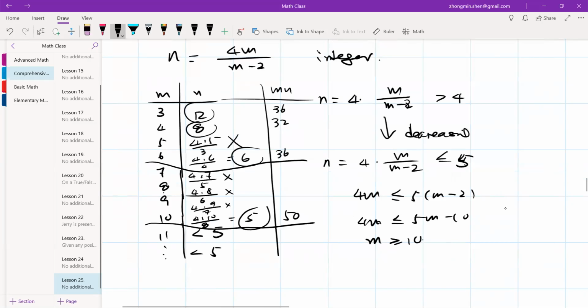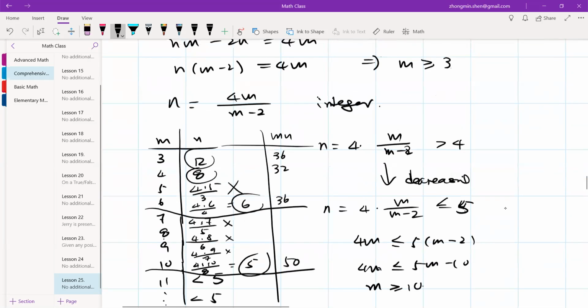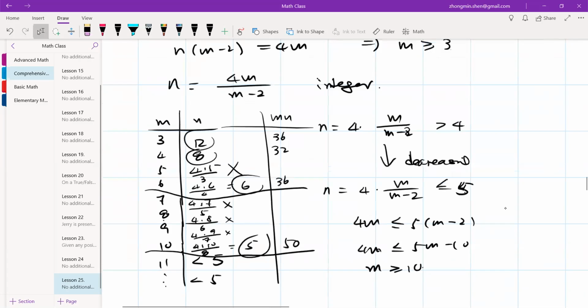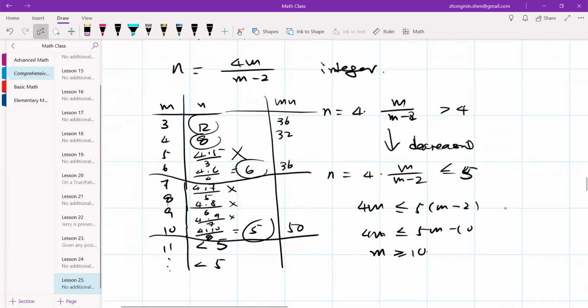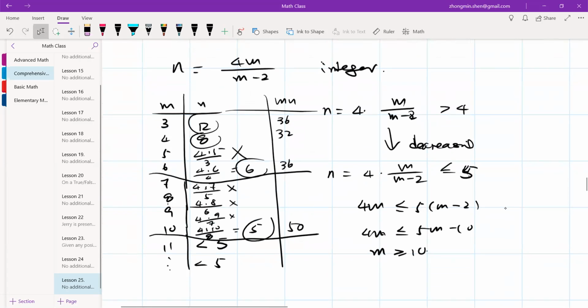When you're given only one equation, and assume m and n are integers, then this is the only way you can do it. Just solve for n, then see when you can get integers. You don't need to consider m greater than 10, because as I already mentioned, when m increases, n decreases, but n is greater than 4.